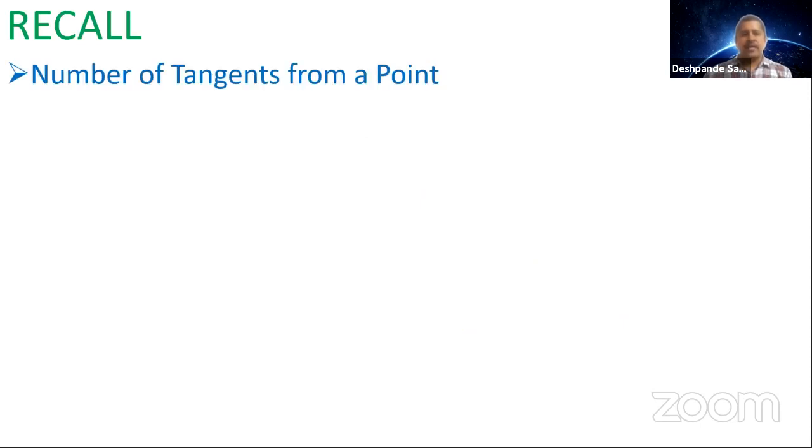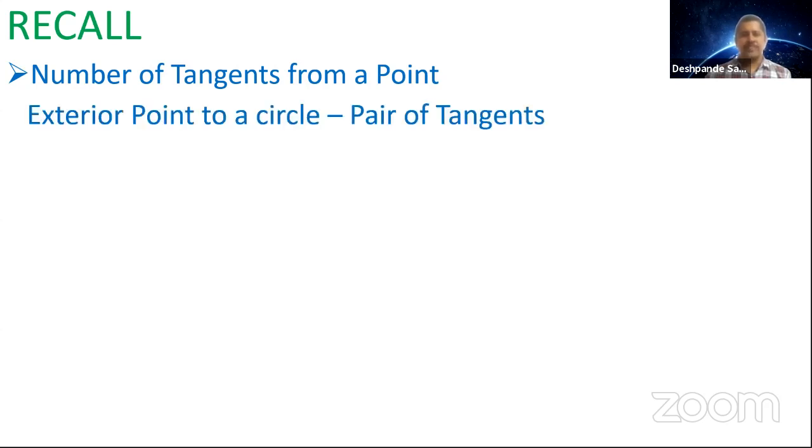If you take a point and you are going to draw a tangent to the circle, how many tangents are possible? The number of tangents from a point to the circle. If the point is outside the circle, an exterior point, you will always get a pair of tangents. So it means that you get 2 tangents from that point.